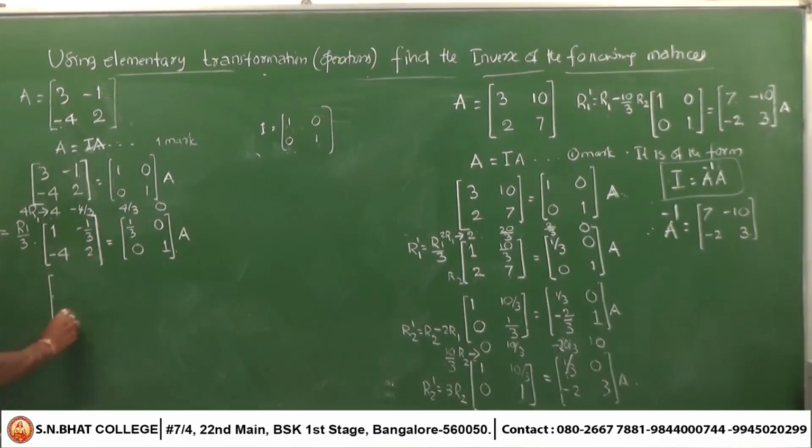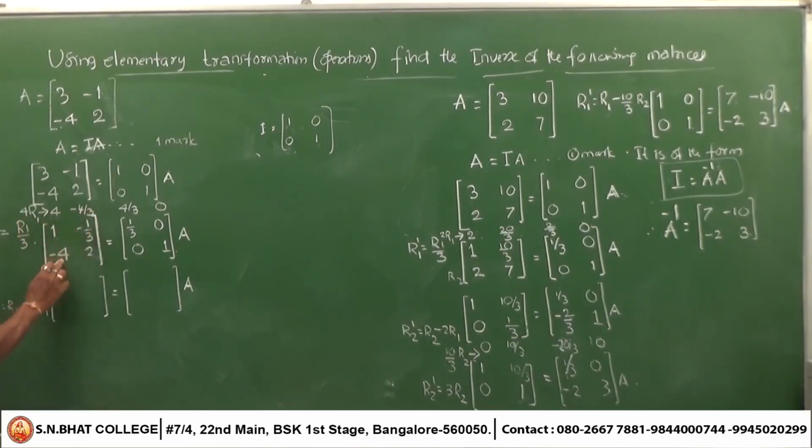To make this element 0, I have to add R2 and 4R1. Minus 4 plus 4 becomes 0. Therefore, R2 dash is R2 plus 4R1. See here, this is minus, this is plus.